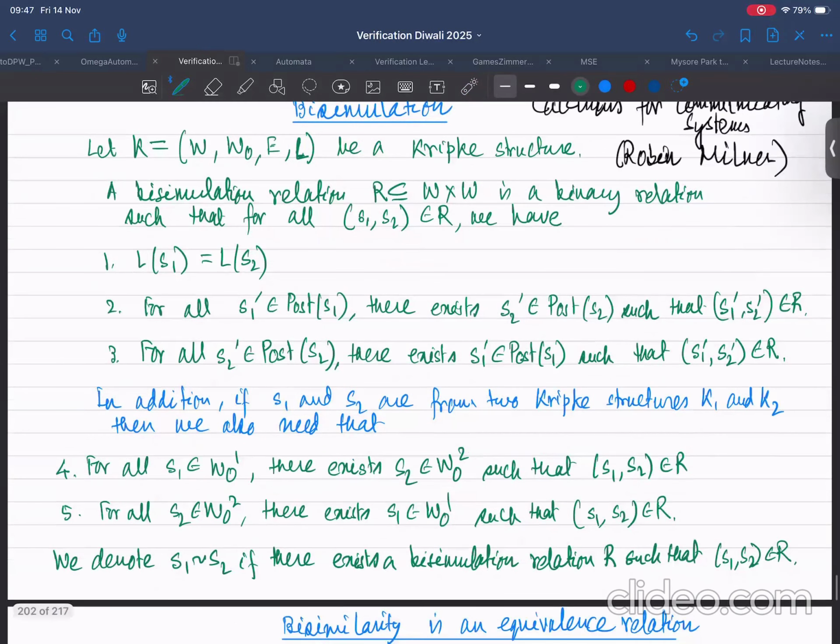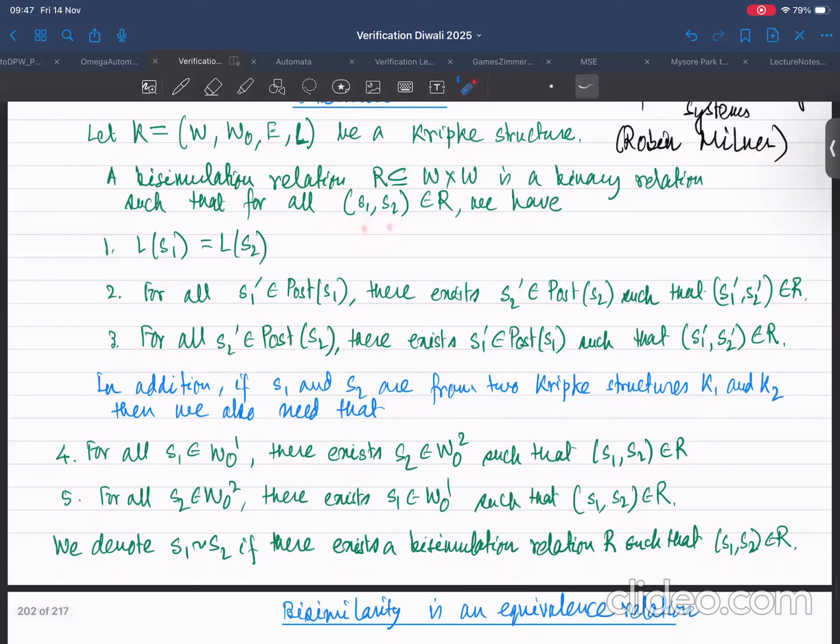A bisimulation relation is a binary relation which relates a pair of states. How is it defined? For all pairs (S1, S2) belonging to this relation R, it's again recursively defined.